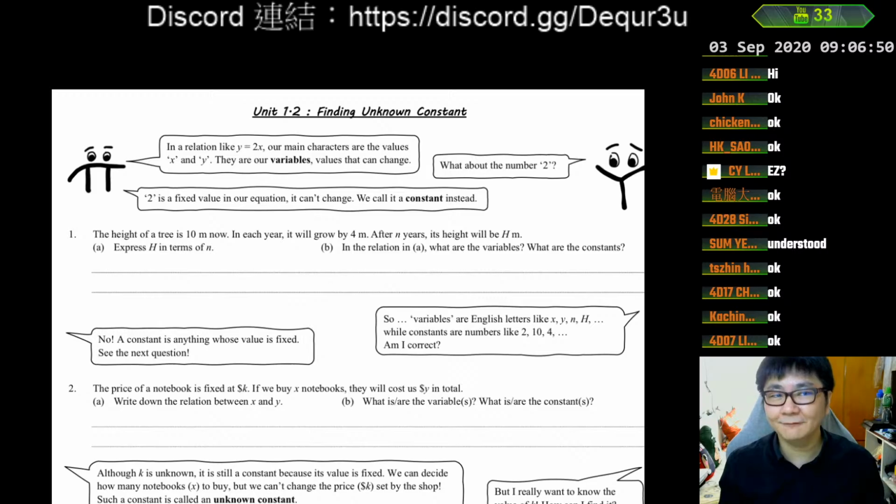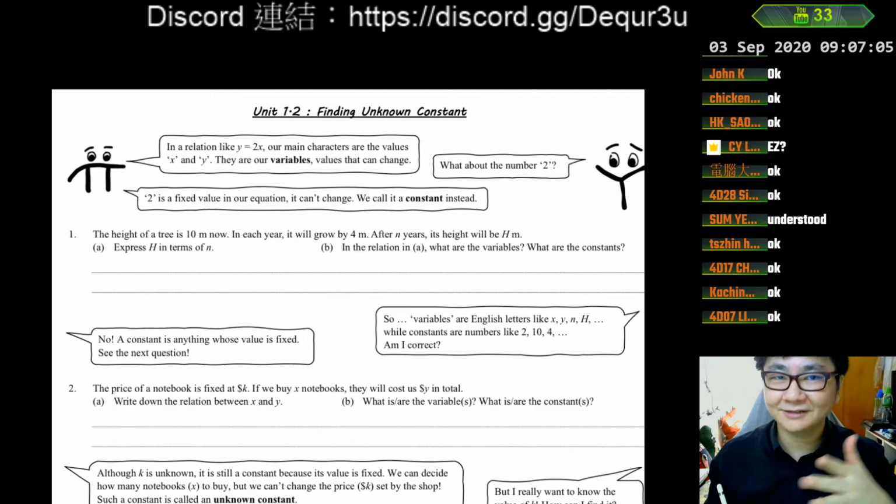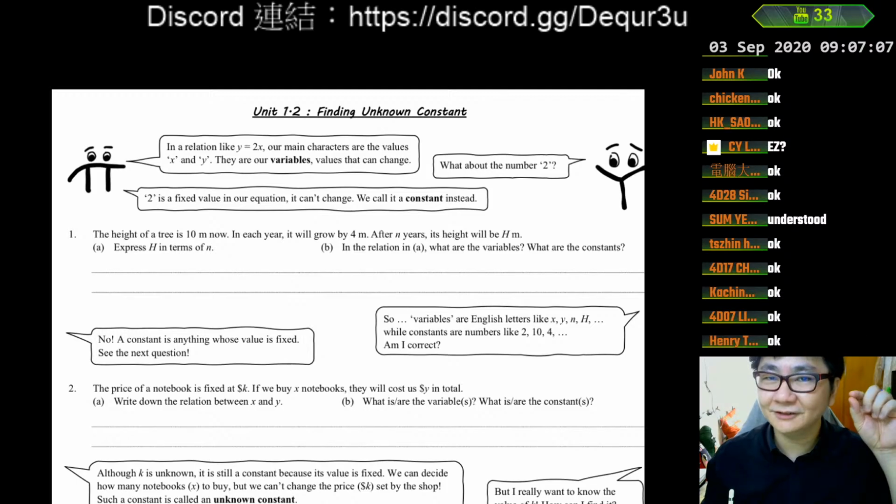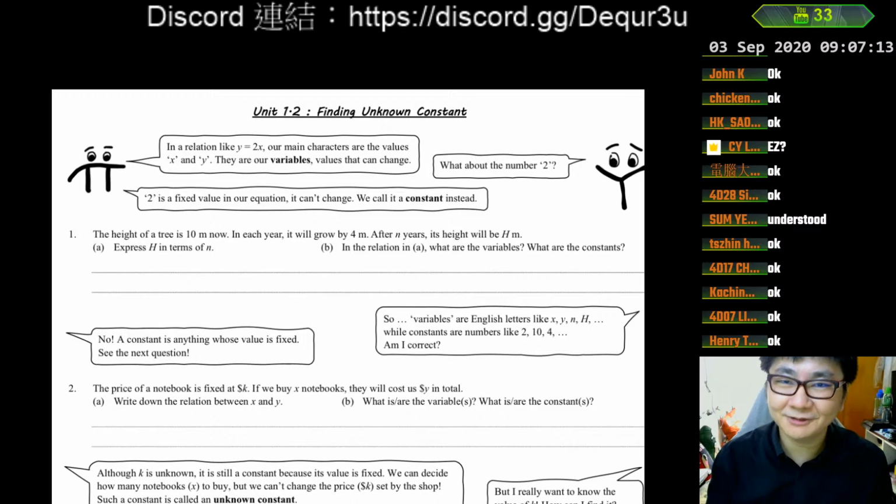If you can make a relation between the stock market price, for example the Hang Seng Index, and time. If you can make an equation between them, then it's very good because you can know exactly what the stock market price will be tomorrow.